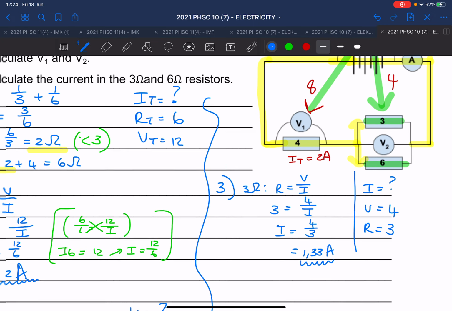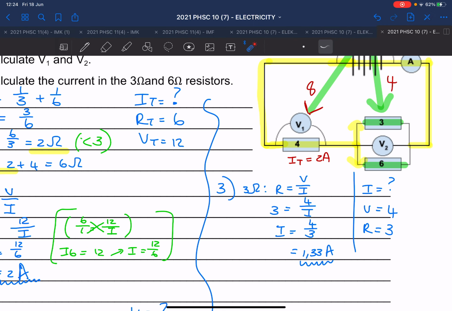Tamara, does it make sense that of the 2 amperes, the biggest part, 1.333, goes to the 3 ohm resistor? Why do you say no? Oh, I guess it doesn't. We calculate resistance here.